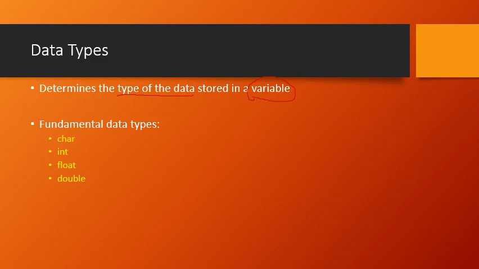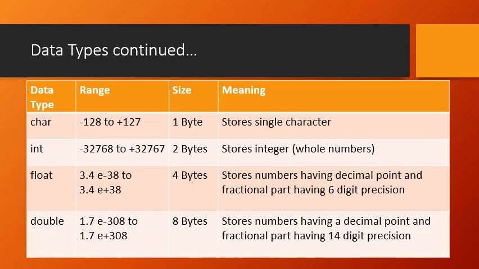Let us try to understand the meaning of each of these fundamental types. The first one is character. It can store a single character. If I declare a variable of the data type char, then that variable will be storing certain information, and that data can be a single character.